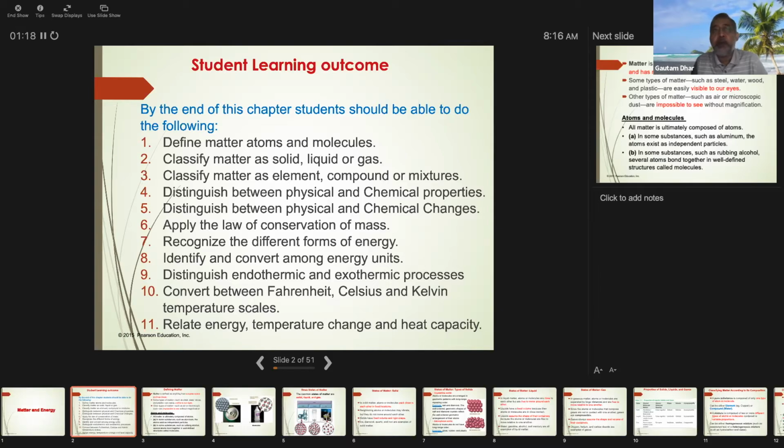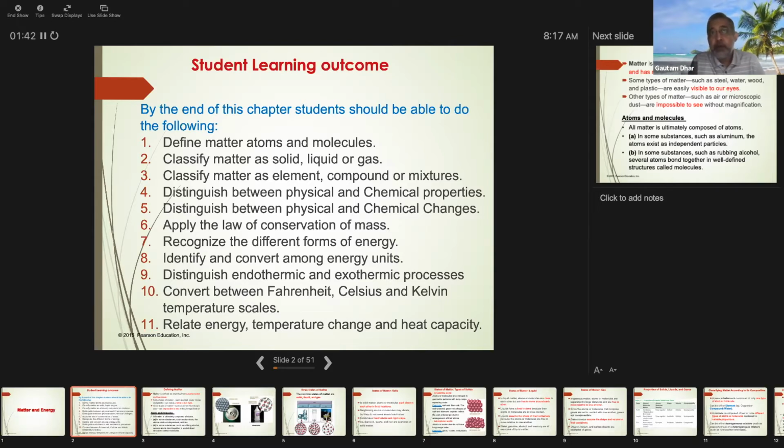Pure substances contain one kind of atoms or molecules, and if it contains one kind of atom, we call them elements. There are 92 elements on Earth, and they appear in the periodic table. They combine to form all the compounds, all the molecules that we see around us.